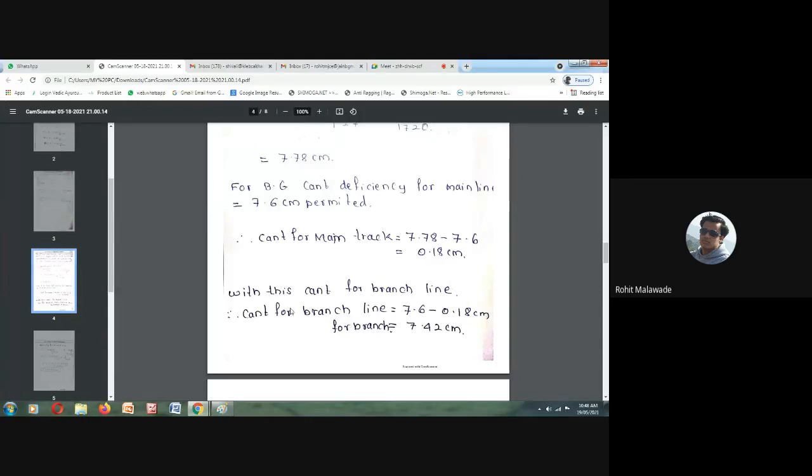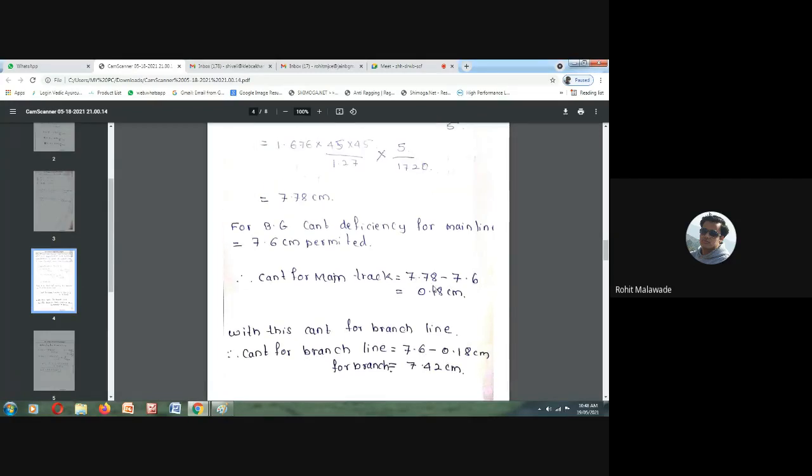Now, as I have told, the cant that can be provided for your branch line should be lesser than your main line. So the maximum permissible cant that can be provided for the main line is 7.6. Though we have got 7.78, we are going to keep it as 7.6 only.